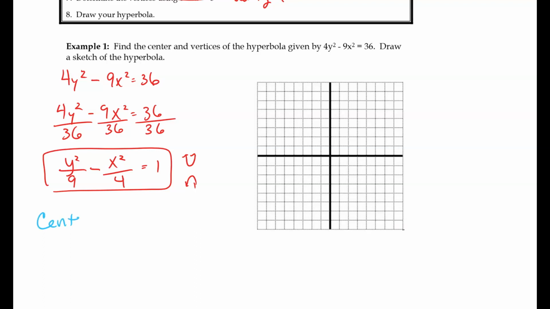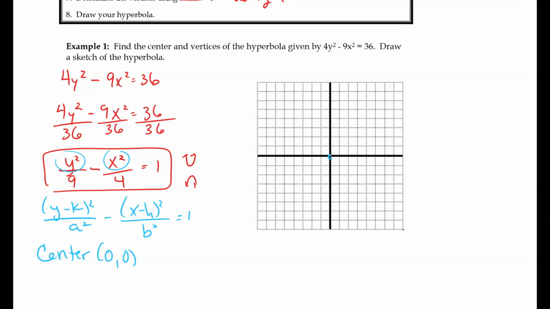Remember, this is the form I'm using here: y minus k squared over a squared, minus x minus h squared over b squared, is equal to 1. So our center, since there's nothing with the y and the x squared, is at 0, 0. So I'm graphing my center at 0, 0.